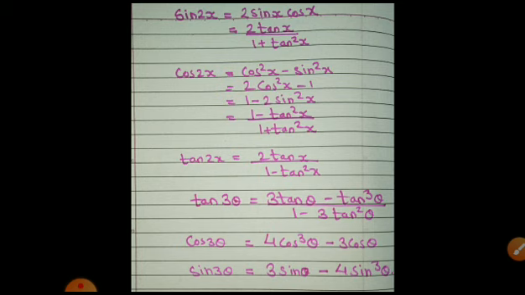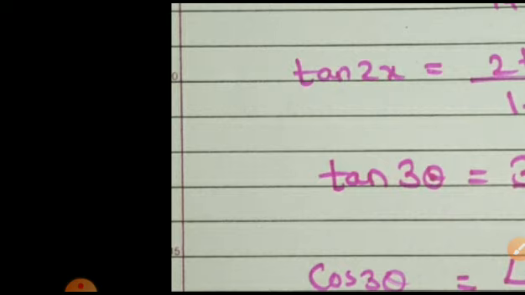Go through these identities and then start with the next section of problems, because you should be able to identify which identity is applicable. So go through it: sin 2 theta in terms of tan, cos 2 theta in terms of tan, then tan 2 theta, and the rest, sin 3 theta, cos 3 theta and tan 3 theta identities.